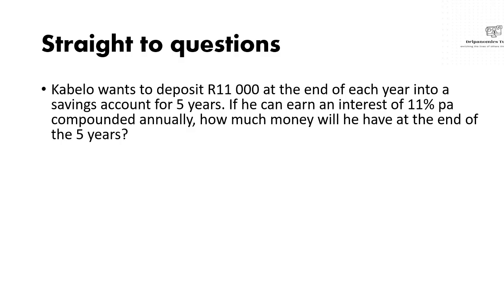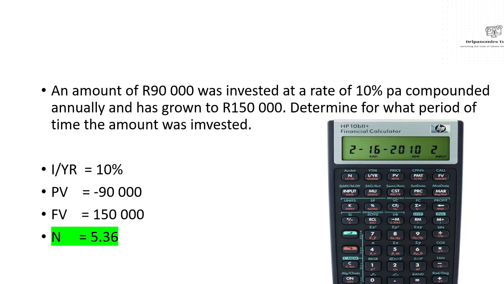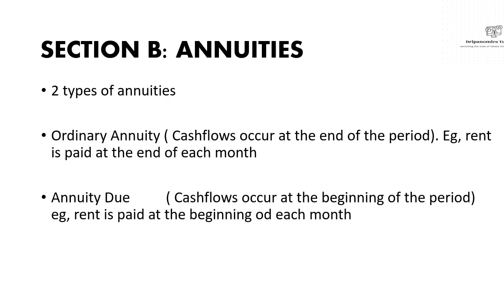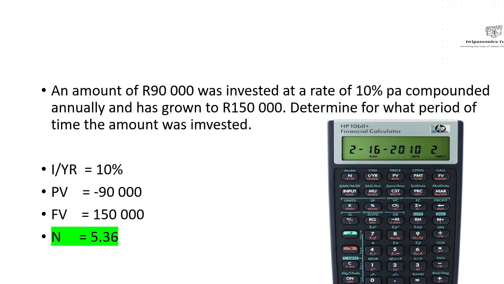First one, Kabelo wants to deposit 11,000 rands at the end of each year. By the way, when we deal with annuities, like I said previously, we are dealing with a situation where there are amounts that are being paid each and every period. Here, nothing was being paid. We were calculating how much it took, whatever.